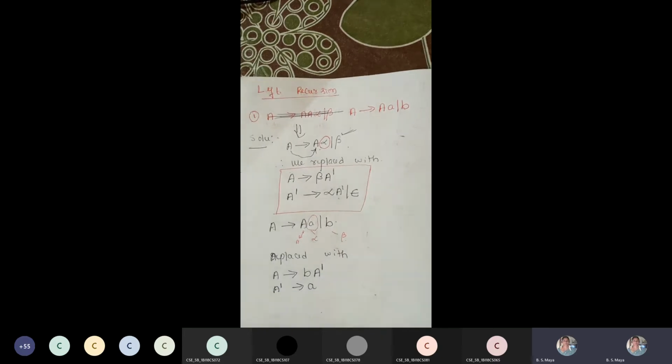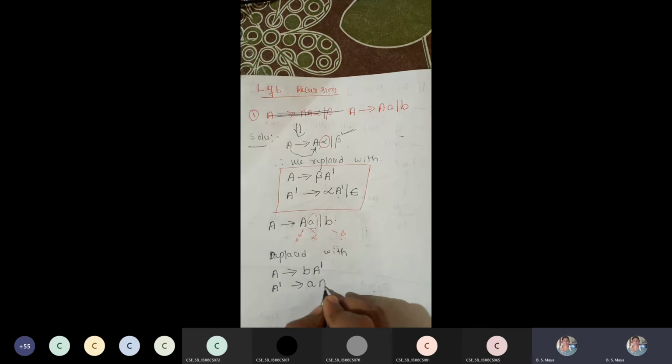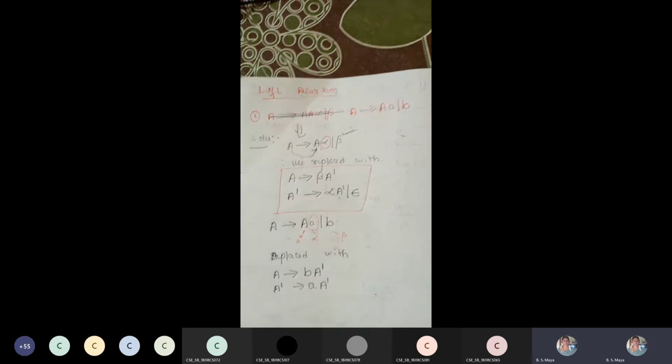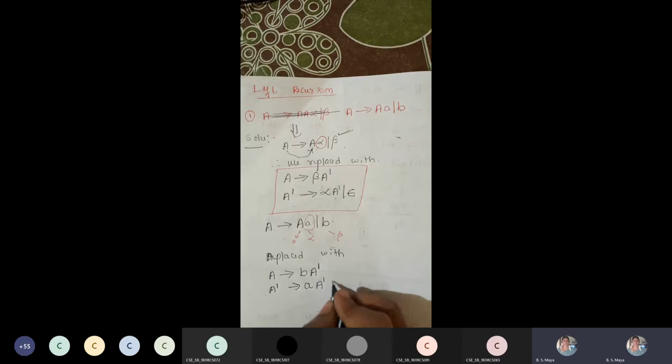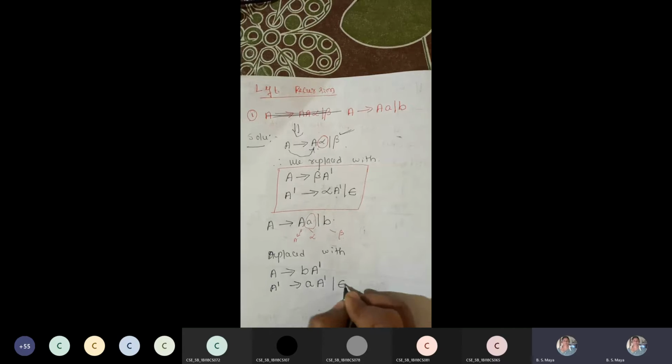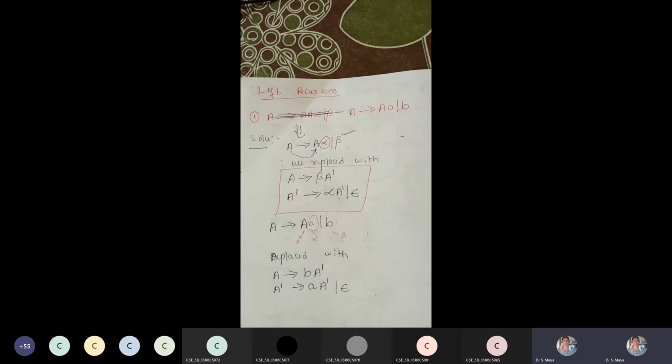I have only one symbol remaining, that is a. A into the same new non-terminal A dash. Then you have to write down the epsilon production. Clear? So this is your resultant answer.